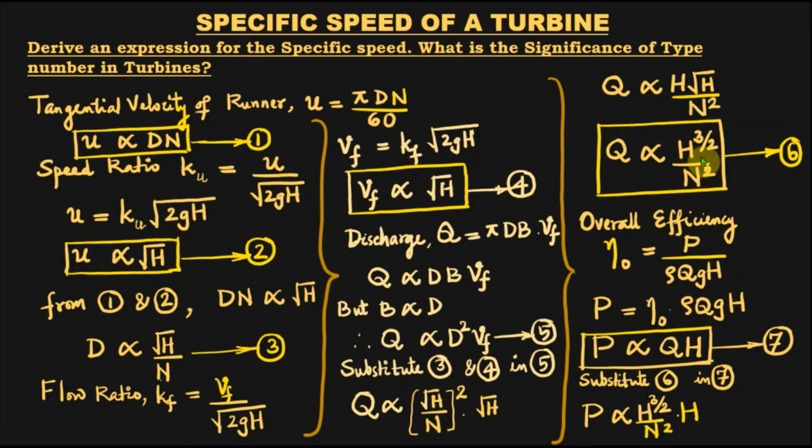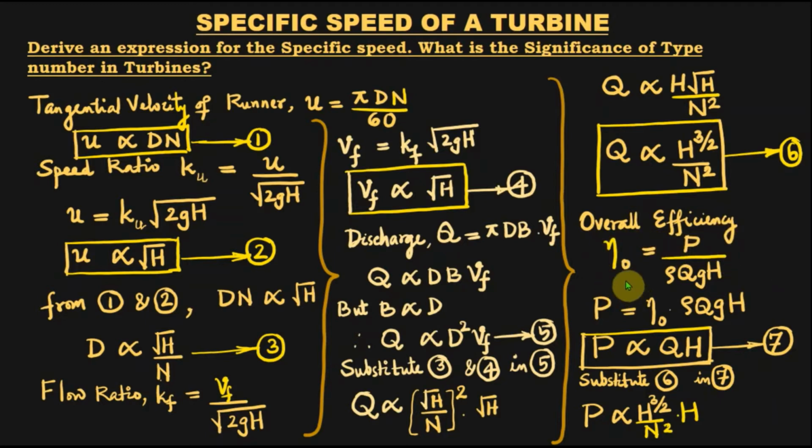Ultimately what we need to get is, we have to introduce power into the expression, and we need to get an expression which contains the proportionality of shaft power with the net head and the speed. For that purpose we will consider the overall efficiency.